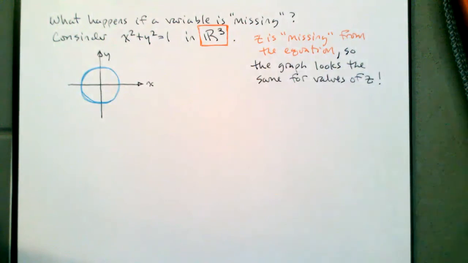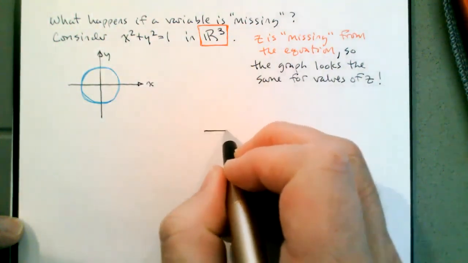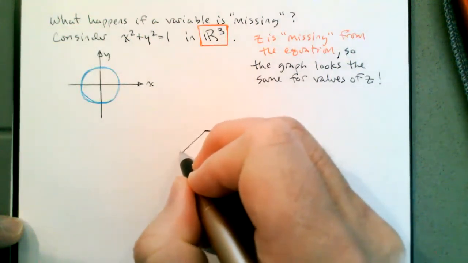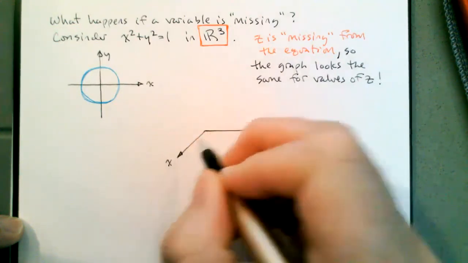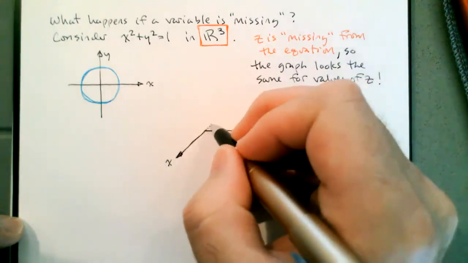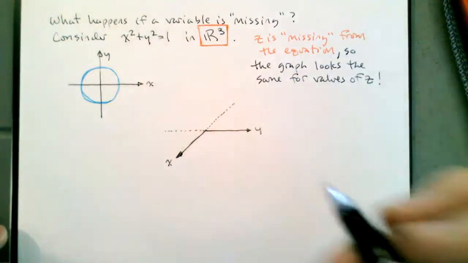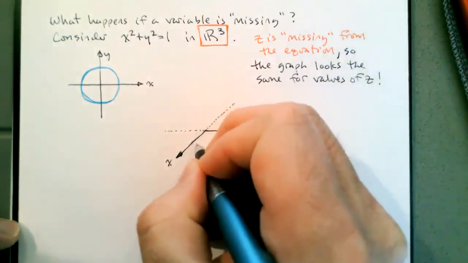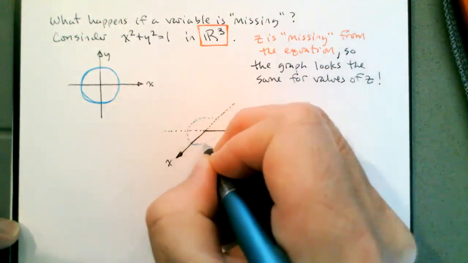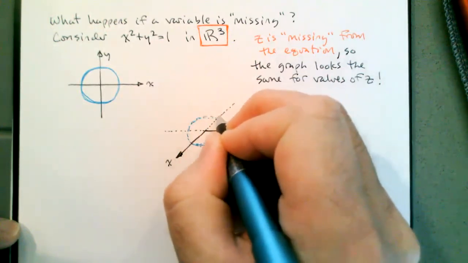So if we put our x and y axis in our usual spots, in the XY plane, this is the circle that we're looking at.